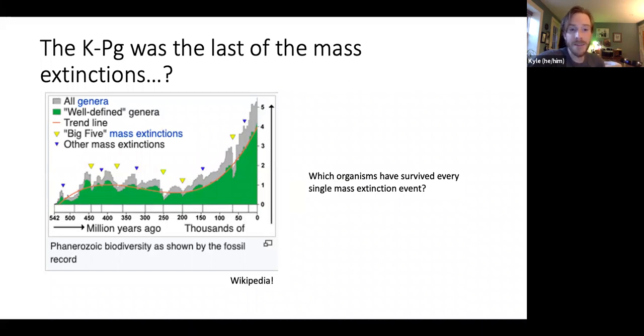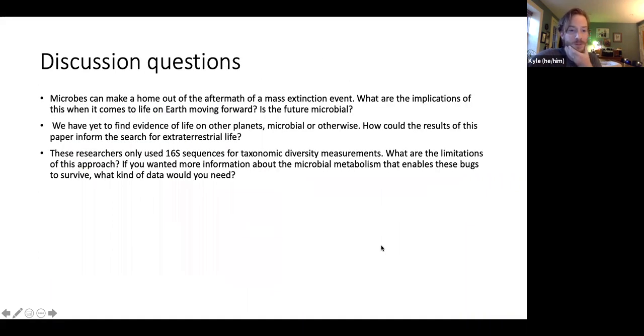There have been 5 major mass extinction events before, but some scientists think that we are at the dawn of the 6th mass extinction. Microbes survived all of the previous mass extinctions, and so they will likely survive this one. I just think it's super interesting that microbes find a way to survive even in the most inhospitable of environments. So maybe the future is microbial.